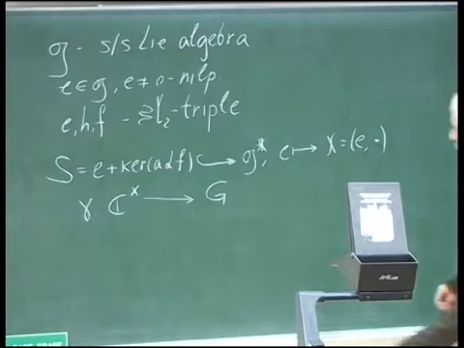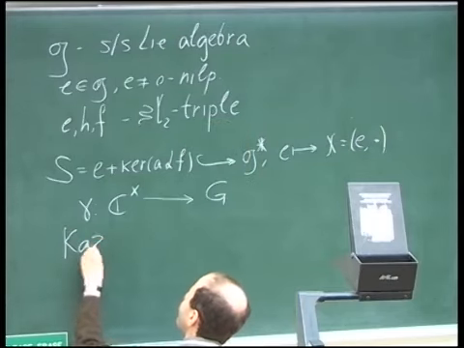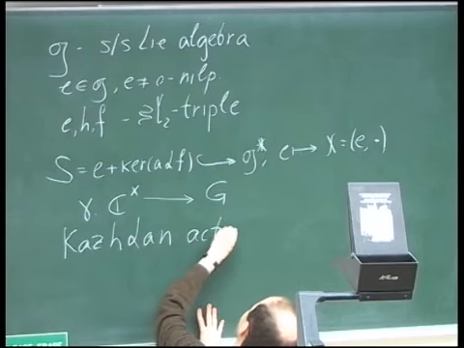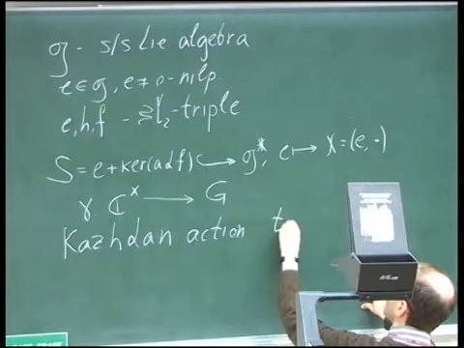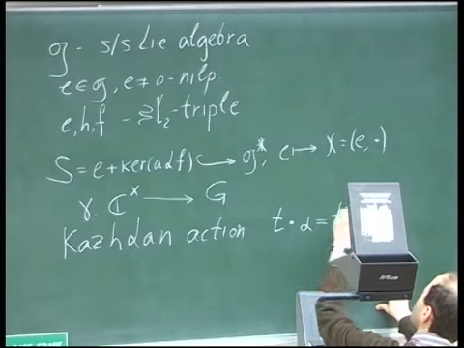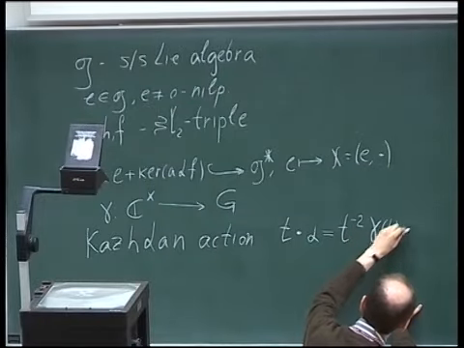And I define the Kazhdan action: T applied to some point alpha is T^-2 gamma of T alpha.